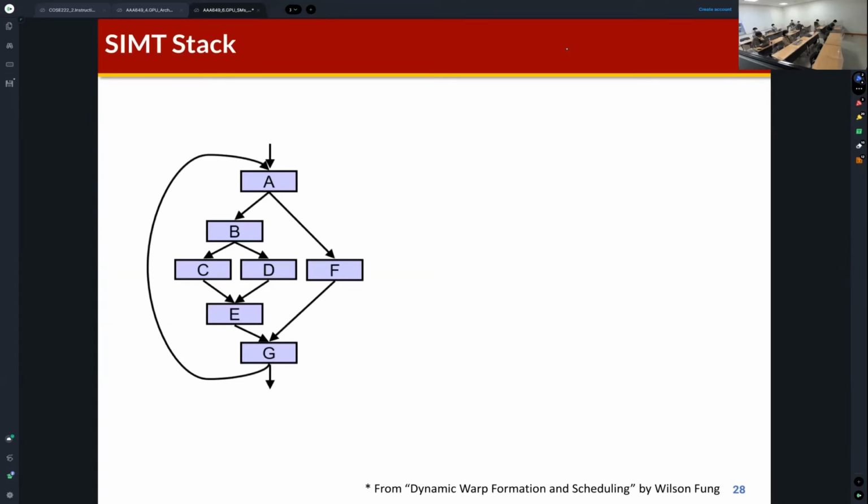This is an example of the execution paths of a GPU kernel. Firstly, A is executed, and then it goes to B. You can see in this figure that there are divergent execution paths.